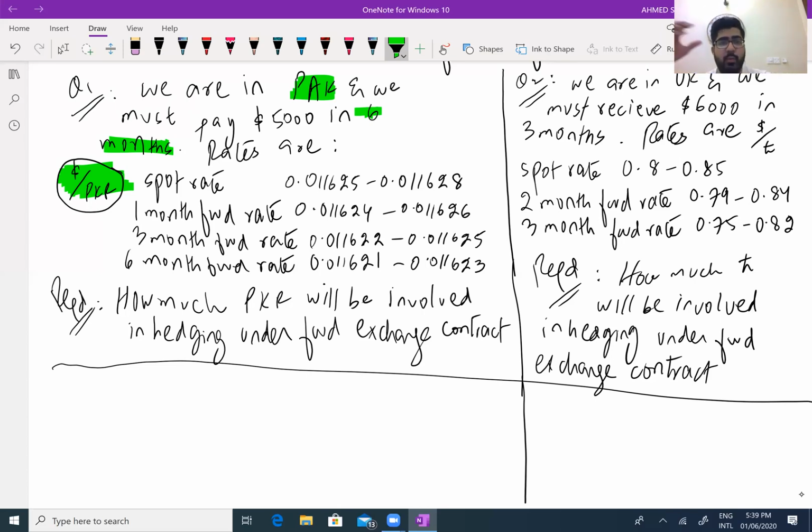So we are in Pakistan and we must pay $5,000 in 6 months. The rates are dollar PKR: spot, today's rate, and the 1 month, 3 month and 6 month contract rates. How much PKR will be involved in hedging under a forward exchange contract?